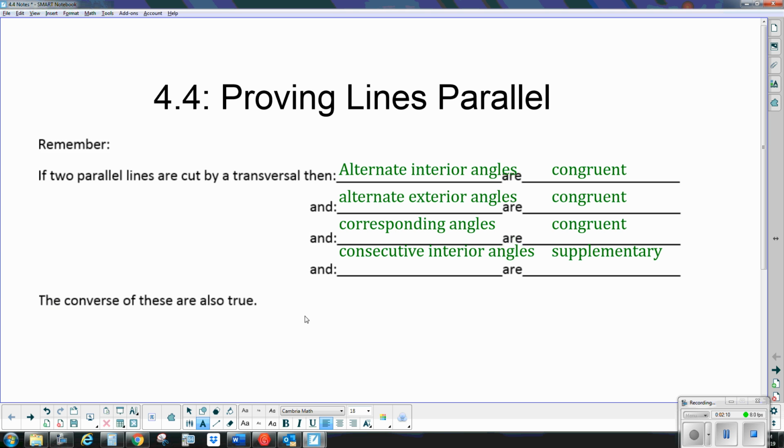The last theorem that we looked at yesterday is the perpendicular transversal theorem. And this theorem says that if a transversal is perpendicular to one of two parallel lines, it is perpendicular to the other.